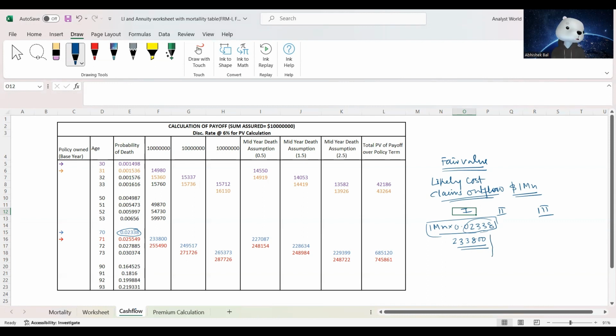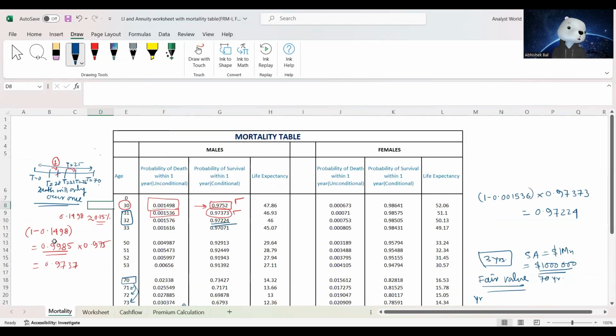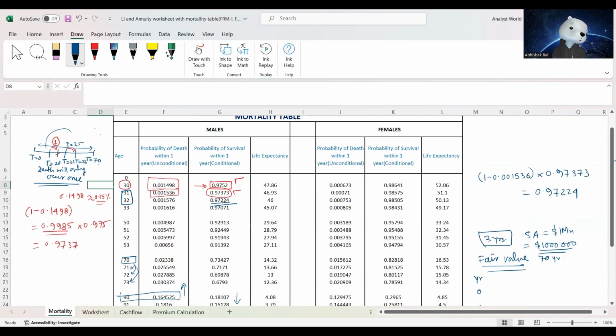What is it going to be for the second year? If the second year's probability is 0.00259, right? If we do this, we should be getting somewhere around 2,55,490, right? Wait a minute. No, that is not the answer. Why? Because as we have understood before, you may only die once.